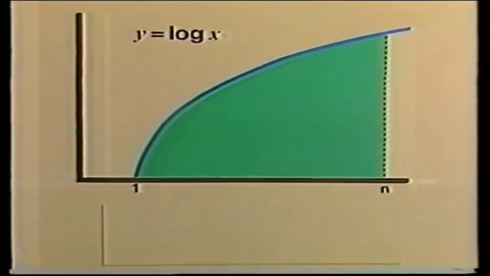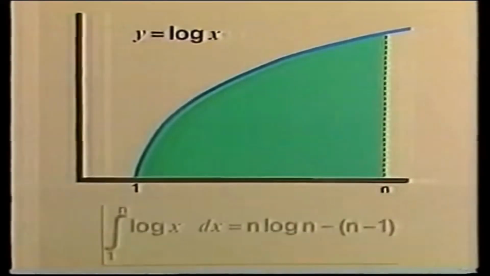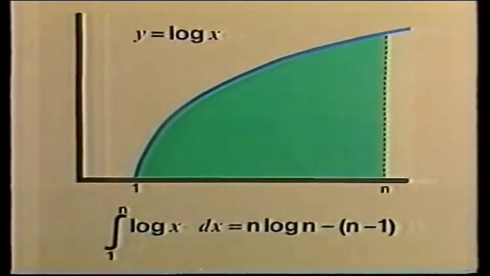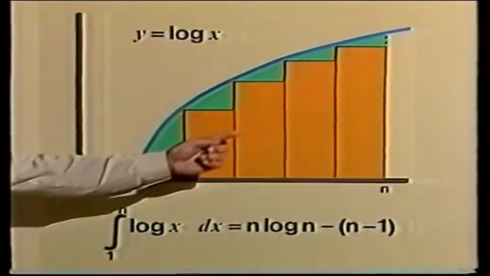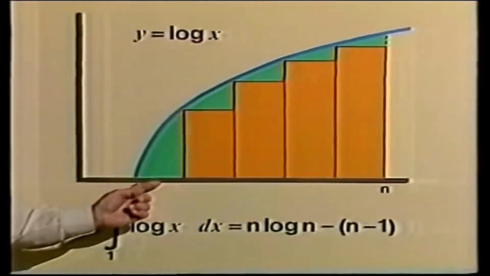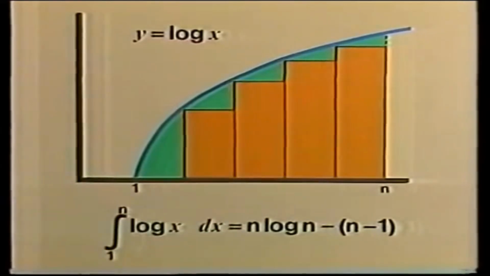The integral of log x is x log x minus x. So this area is n log n minus n minus 1. Taking a partition at integer points and looking at the lower sum, the areas of these rectangles are 0, which is log 1, log 2, log 3, and so on, up to log of n minus 1.